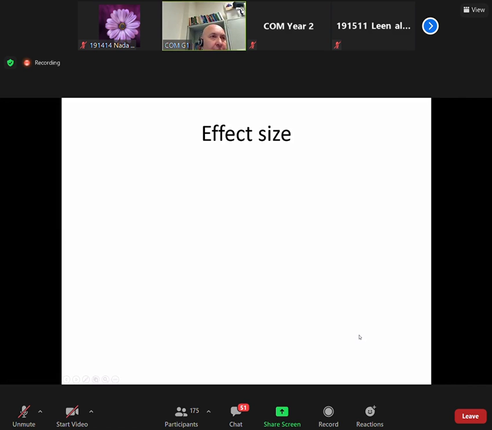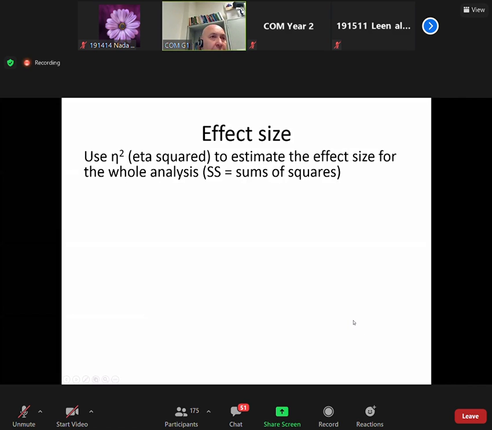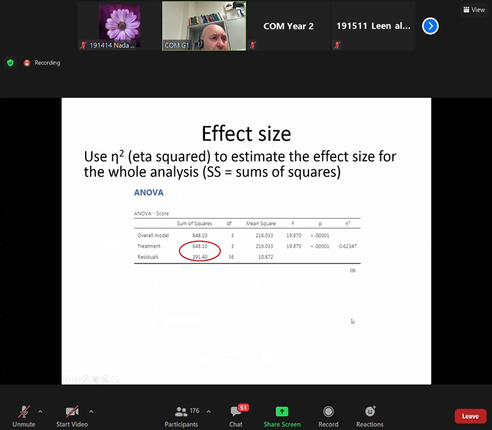Okay, effect size. I mentioned effect size eta squared. How do we work this out? We can do this manually. Of course, it gives it to us, but you can do this. You can see how we get this, and we get this from the sums of squares.